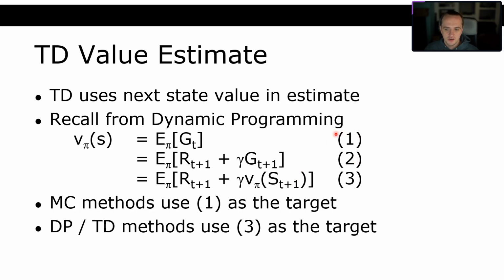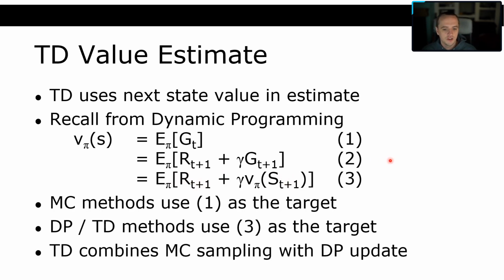It's just that in Monte Carlo methods, we generate the whole episode and use the return. In TD, we don't have the return. We're updating after each time step, and so we use the next reward and the value of the next state. And so temporal difference learning combines Monte Carlo sampling with a dynamic programming update. There you go. So that's the difference between them.